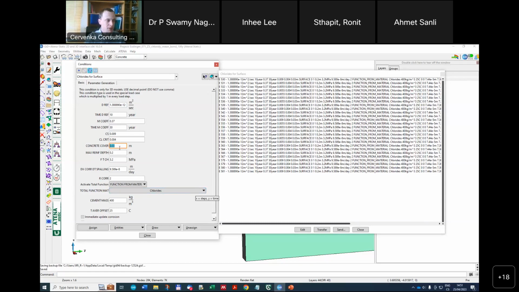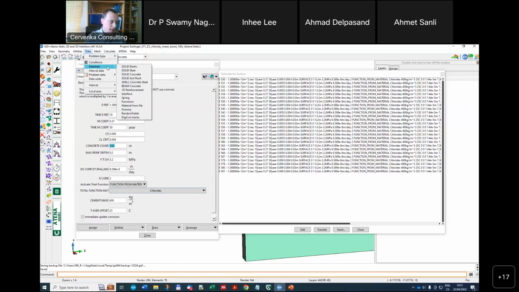For example, let's say that the chloride attack should last for 100 years, from step 15 to 30. So this information is provided to ATENA using this function.